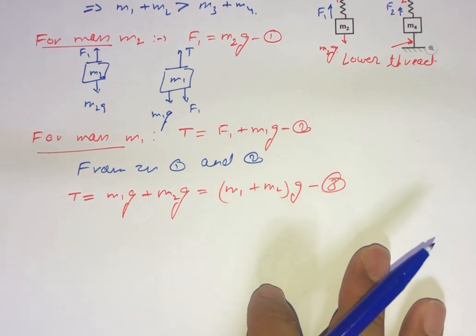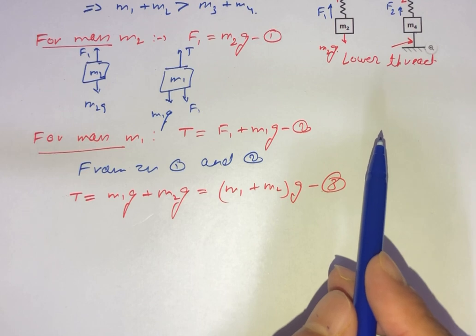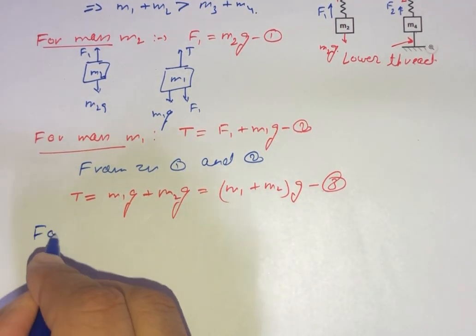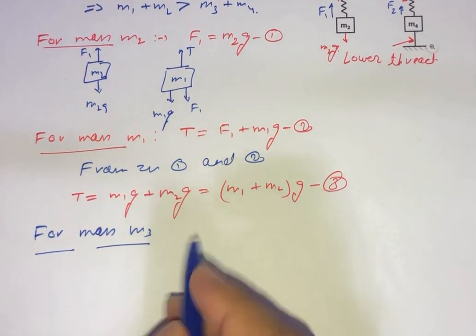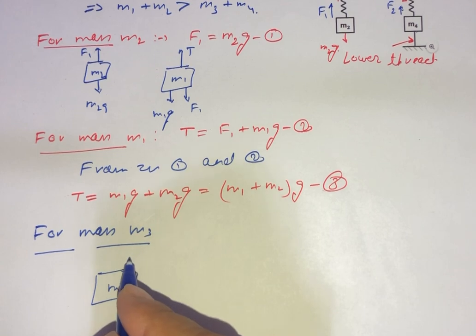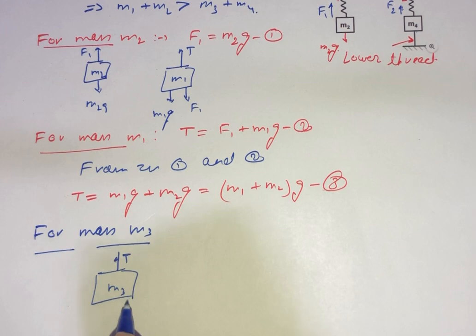Now we come to mass M3. You can see that for mass M3, so this is our mass M3, and it is going to have T in the upward direction, and downward there will be M3G and there is force F2.